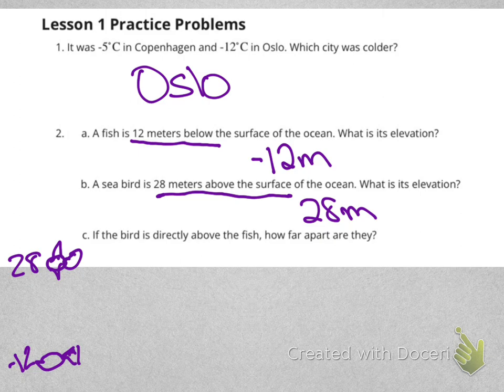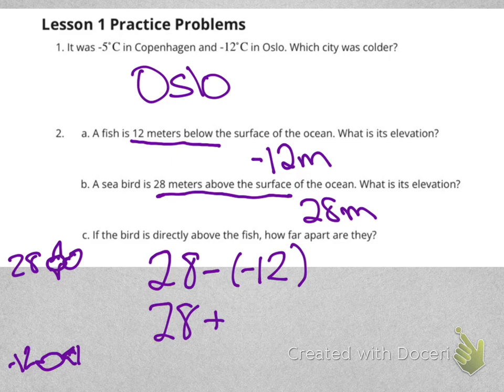You would have to find the distance by doing 28 minus negative 12. 28 minus negative 12 is the same as 28 plus 12 because 2 negatives back to back make a positive. So it would be 40 meters.